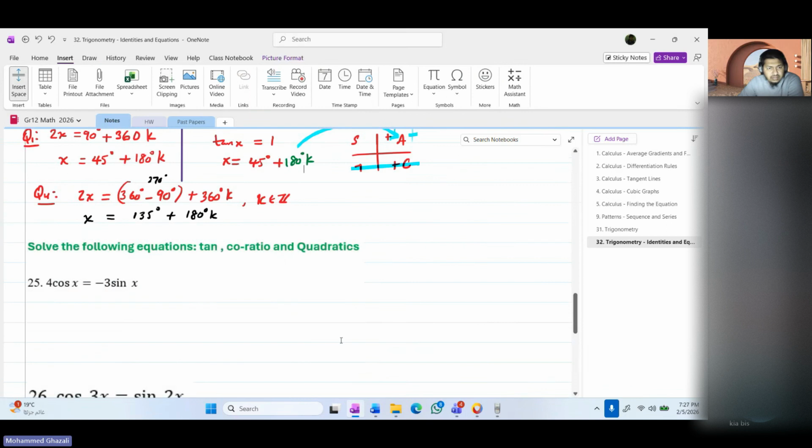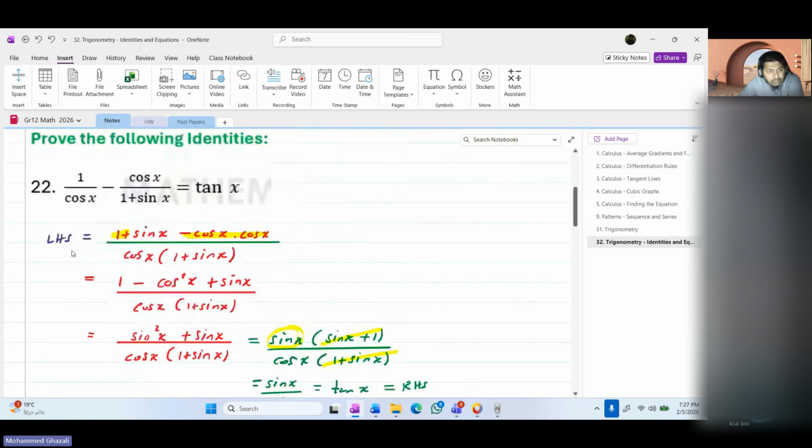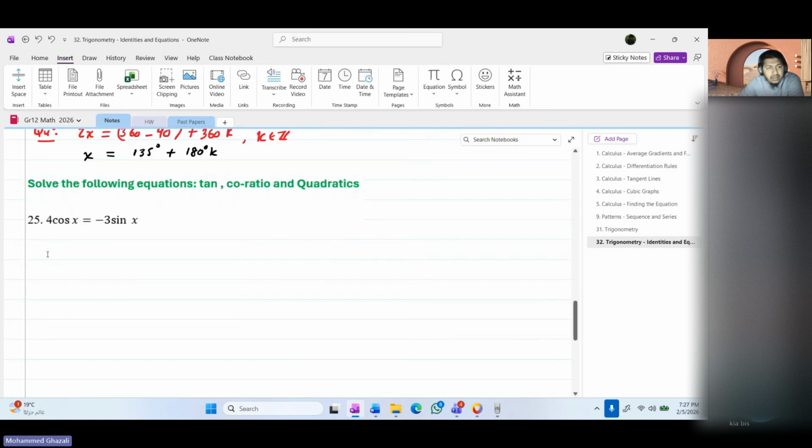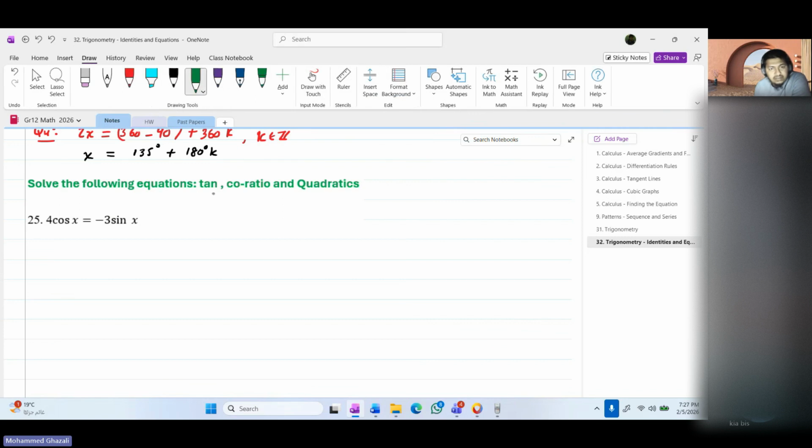Now let's look at more. We're going into trigonometric equations now, right? So this was just example number 22, 23, 24. Example number 25. We will solve trigonometric equations involving tan, co-ratios, and quadratics, right?